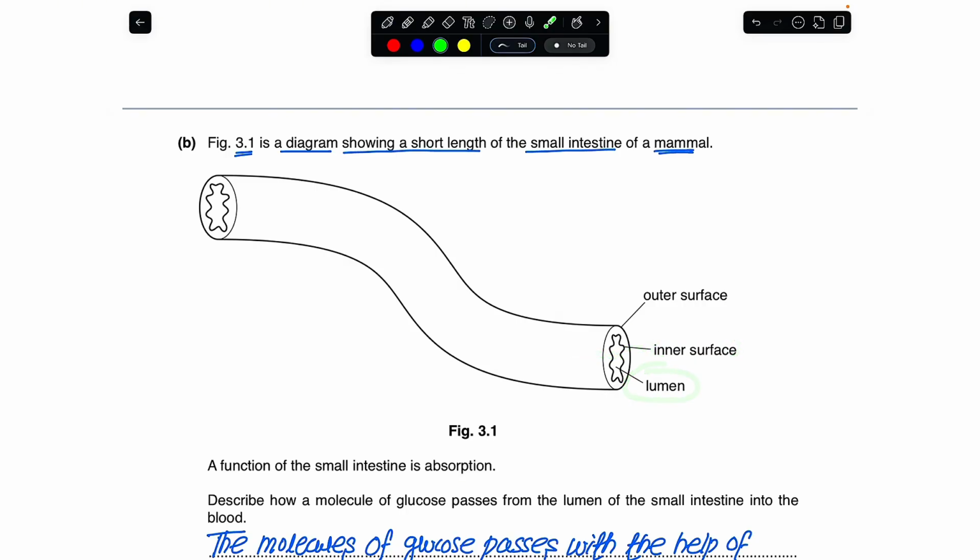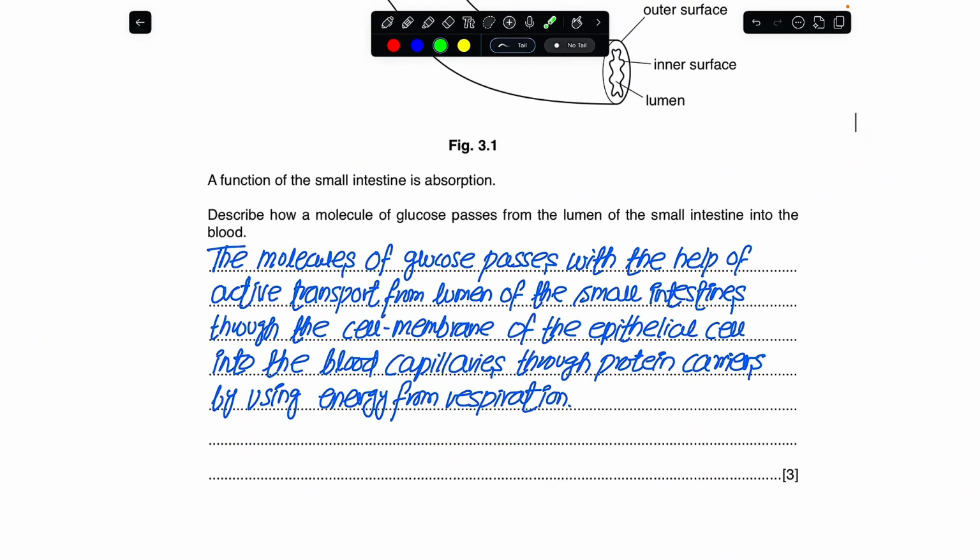So this is the lumen. Now what they are telling us is that the function of the small intestine is absorption, and they want you to describe how a molecule of glucose passes from the lumen of the small intestine into the blood.